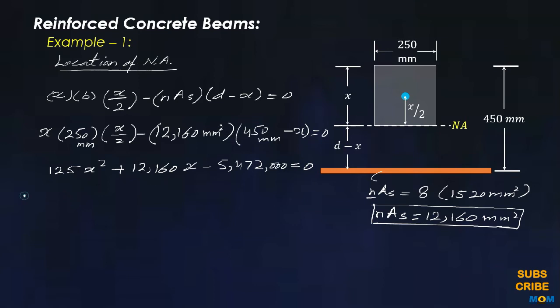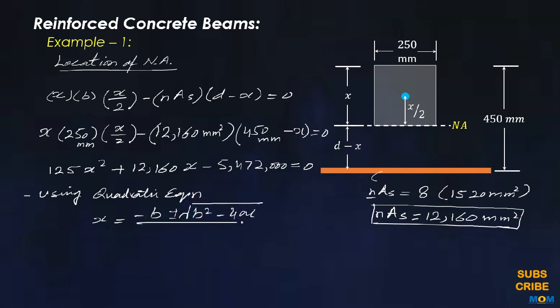Now using the quadratic equation to calculate the value of x, that is x is equal to minus b plus minus square root of b square minus 4ac upon 2a.